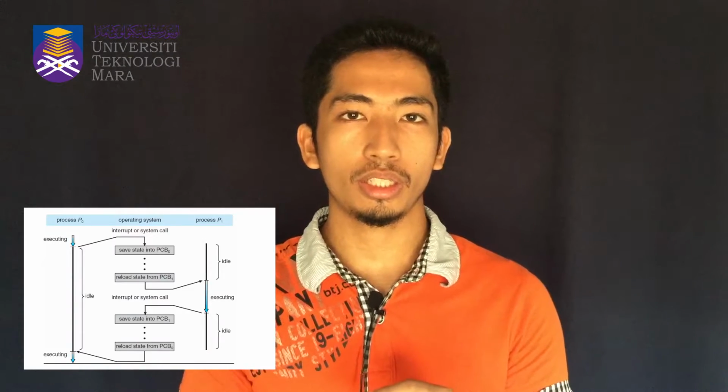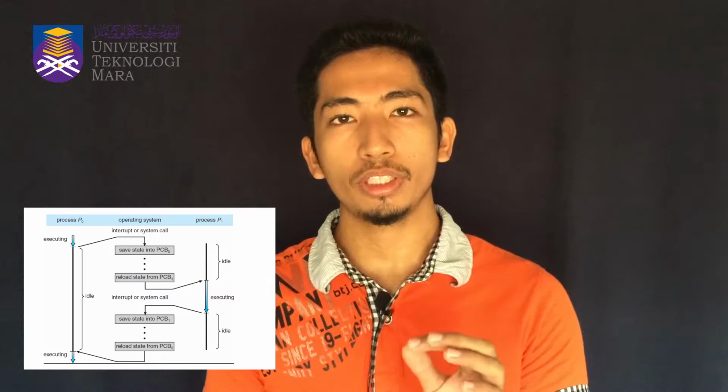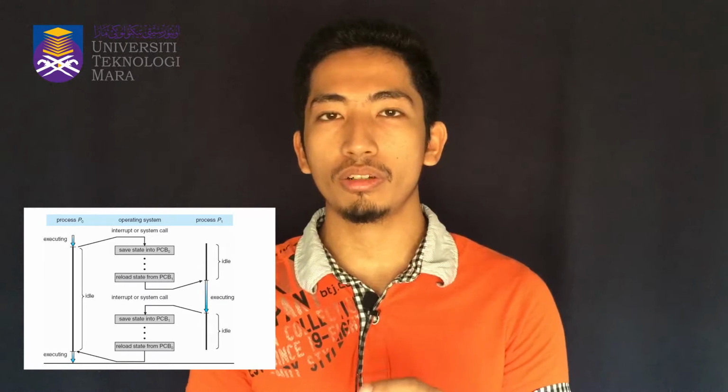A PCB is used when the CPU does a context switch. A context switch is where the CPU switches between processes. It has to save the state of the old process, then load in the state of the new process, and the context of these processes is kept in the PCB as we discussed earlier.